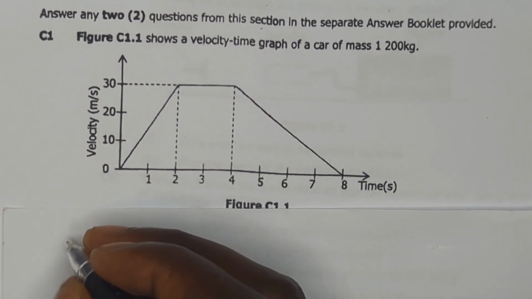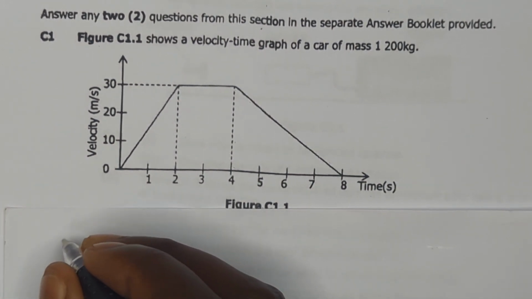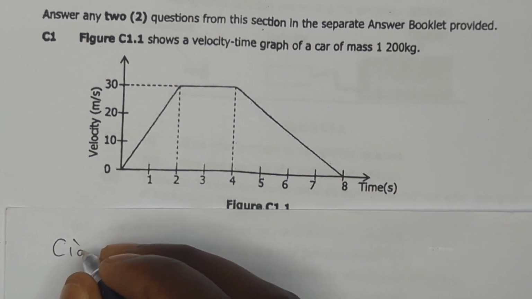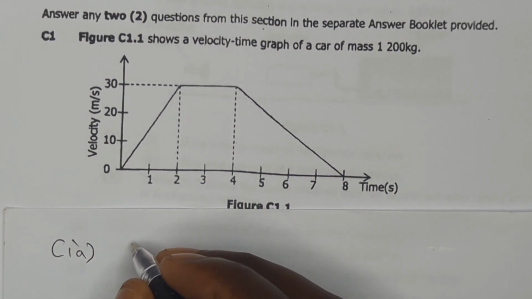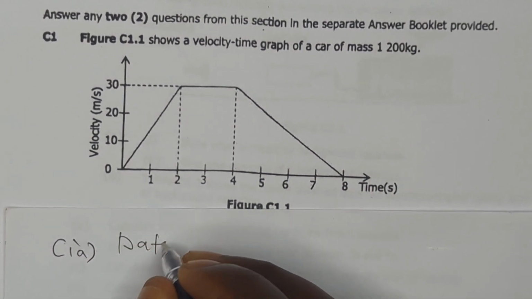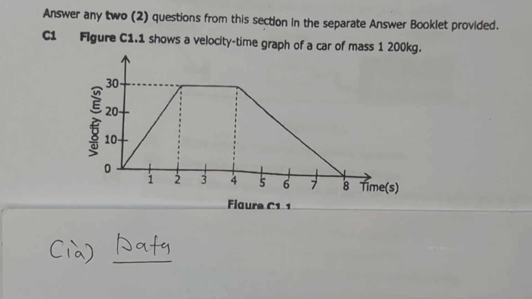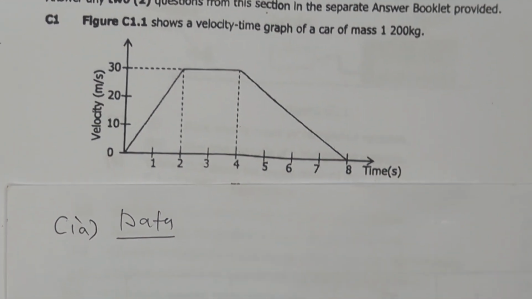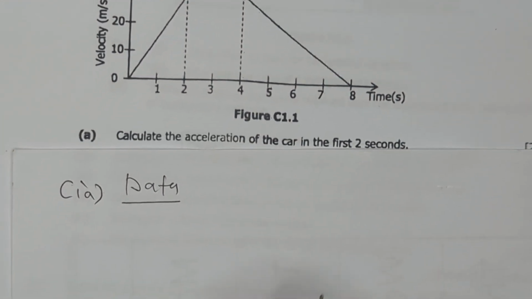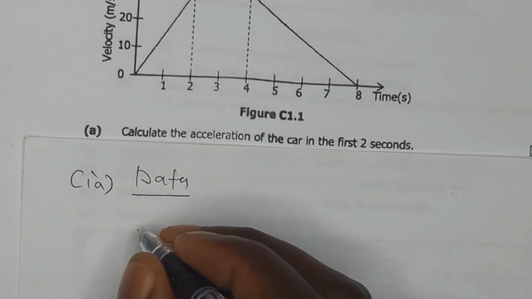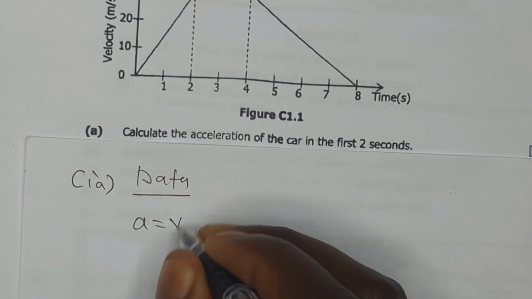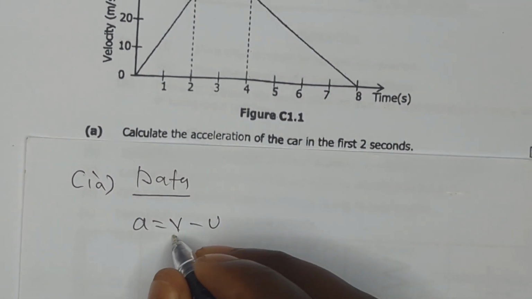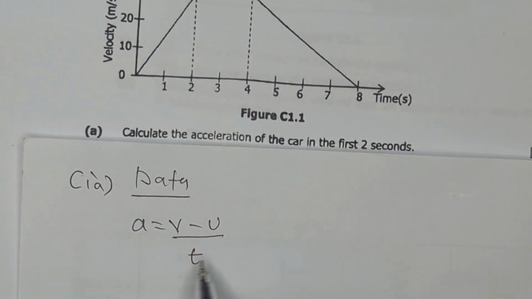So this is C1A. If we collect data, the formula that we are going to apply, the formula for acceleration is equal to V minus U over time.